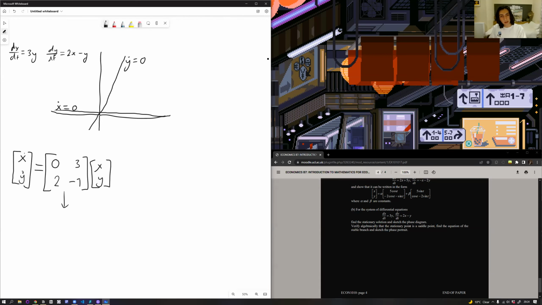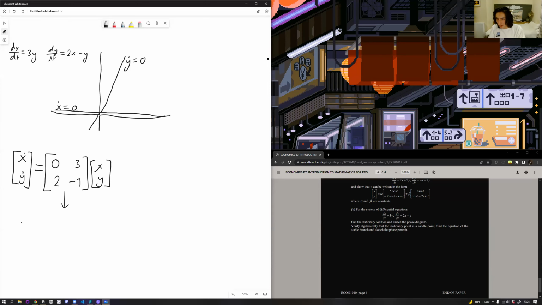We get the eigenvalues and eigenvectors from this. So I believe that is the characteristic polynomial. No, wait, that's not right.